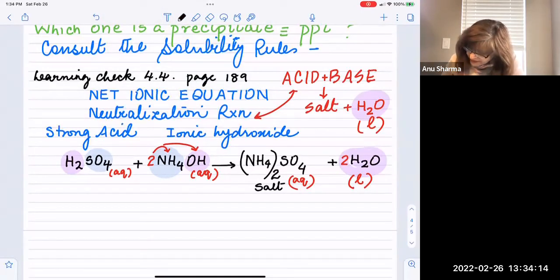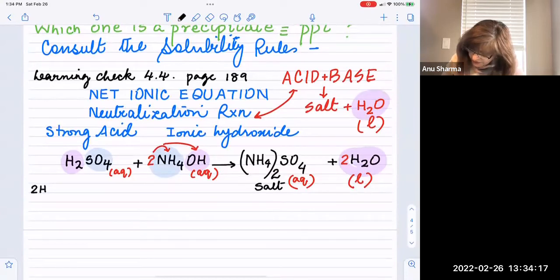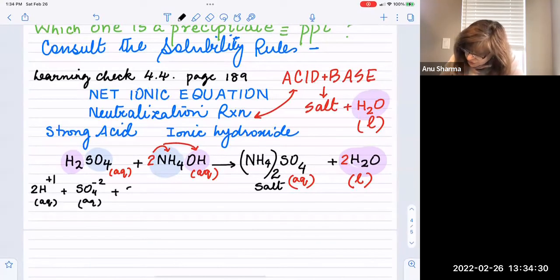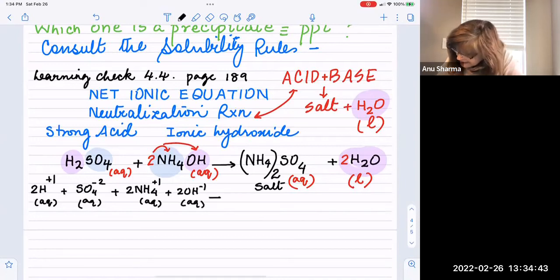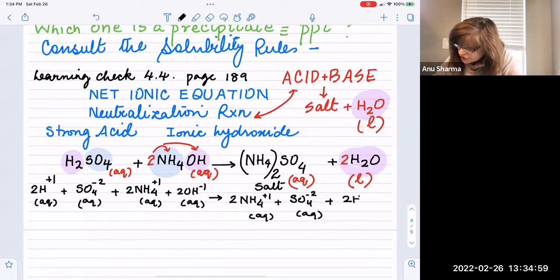Now let's do the ionizing. H2SO4 is going to give 2 H+ (aq) plus 1 SO4 2- (aq), plus 2 NH4+ (aq), plus 2 OH- (aq), and this gives you 2 NH4+ (aq), plus SO4 2- (aq), plus 2 H2O.